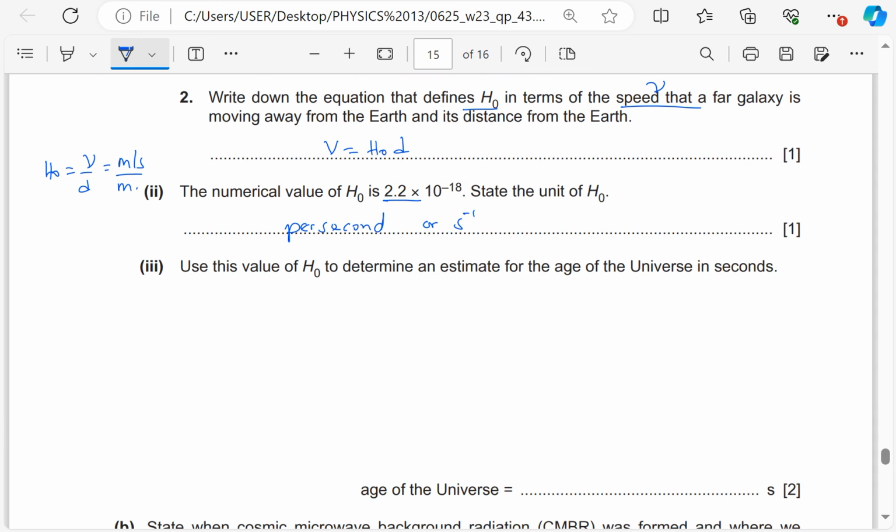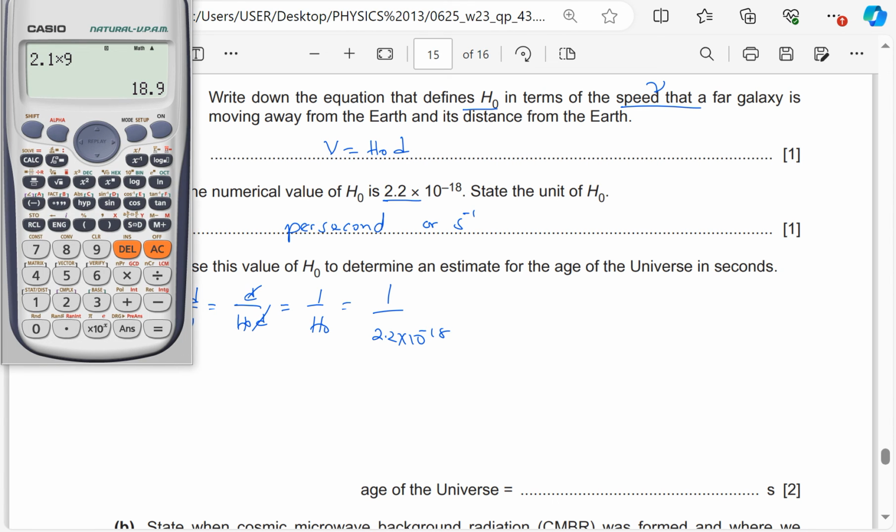Then use the value of H naught to determine an estimate for the age of the universe. So the age is time, which is distance over speed. The distance is d, the speed is equal to H naught times d, which means d cancels out, and you remain with 1 over H naught. So this is 1 divided by 2.2 times 10 to the power of minus 18.